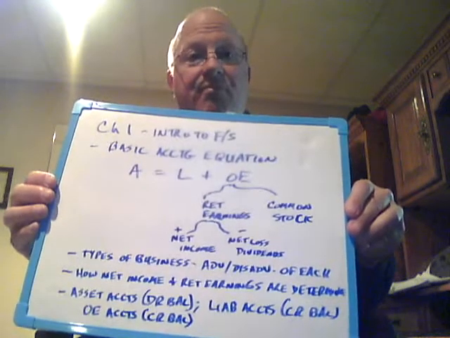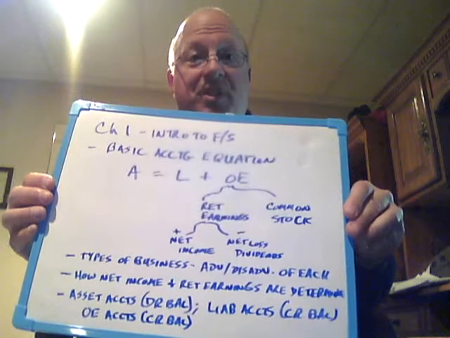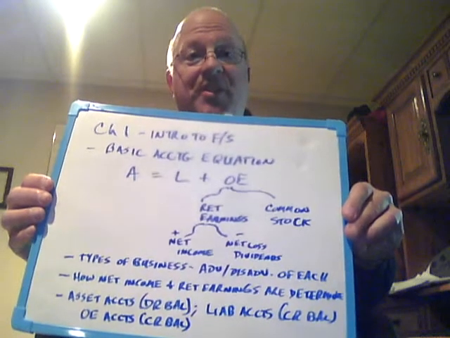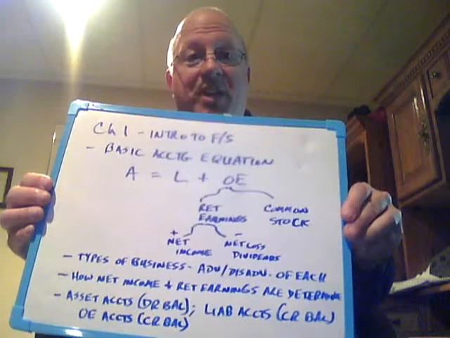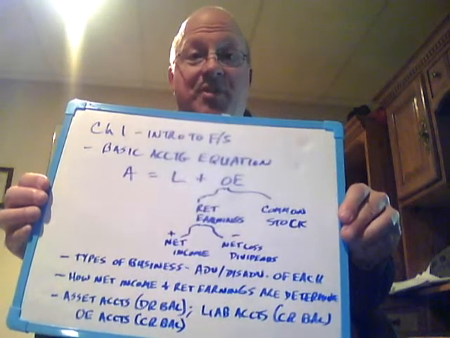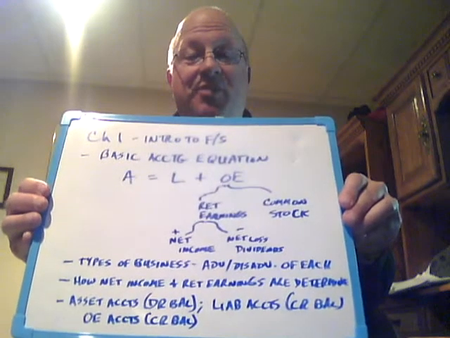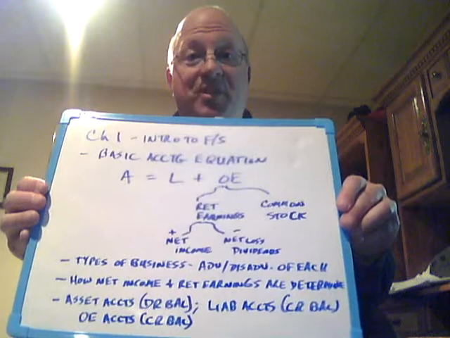And then we talked about this in a later chapter, but asset accounts have debit balances, liability accounts have credit balances, and owner's equity accounts also have credit balances, and that's why the accounting equation works the way that it does.